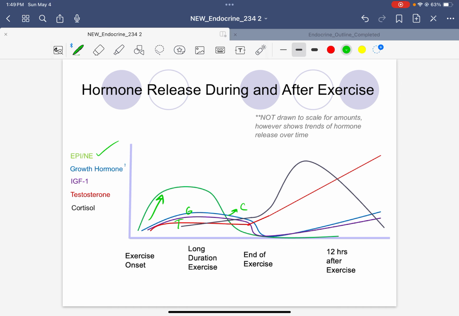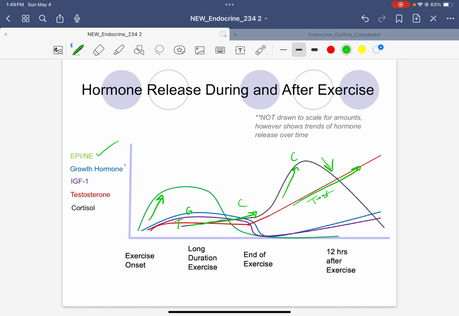Let me go back. As we exercise for longer, look what happens to cortisol. It begins to go up. We expect that. At the end of exercise, we expect to see a rapid spike in cortisol. But then we want cortisol to go down. And when cortisol goes down, that's when our good friend testosterone, or estrogen in women, goes up.